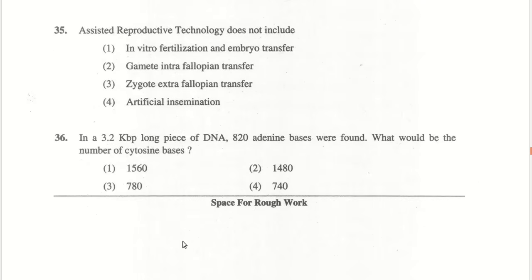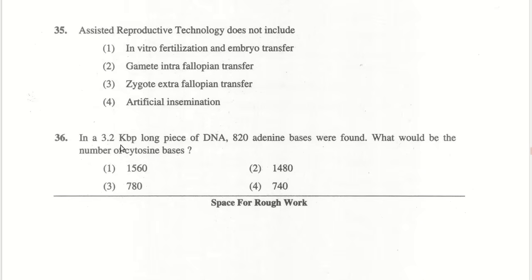36. In a 3.2 kbp long piece of DNA, 820 adenine bases were found. What would be the number of cytosine bases? It is 3.2 kilobase pairs. So the answer for 36 is the third one, 780.